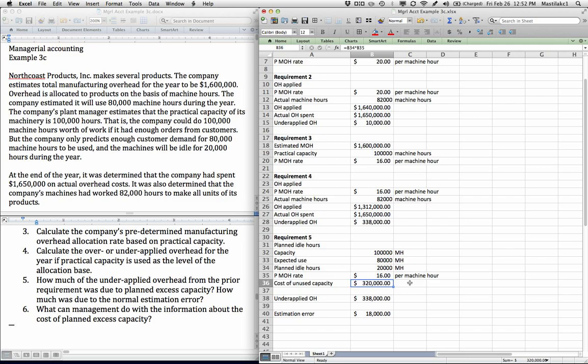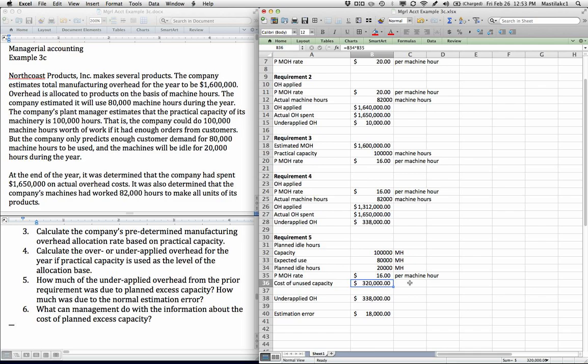Maybe this is a short-term downturn in our demand, and we expect normally we're going to be closer to 95 or 100,000 hours worth of work. But for a year or two, we're in a short-term decline in our demand, and so maybe this isn't a big deal. We understand what this is coming from. Or maybe we just have too big of a factory. Maybe we have too much capacity, and we need to cut costs, and we need to cut back on the amount of capacity that we have.